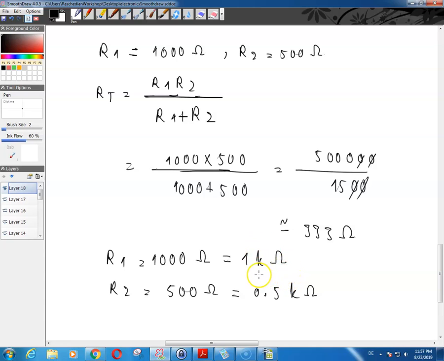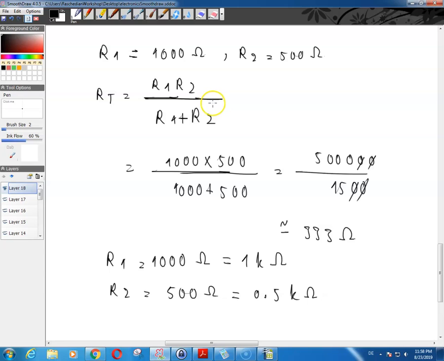But when you want to add and multiply them together, both have to be either in kilo ohm or both in ohm. You cannot mix ohm with kilo ohm. They are two different things. But if both are in kilo ohm, then of course you can add them with no problems.